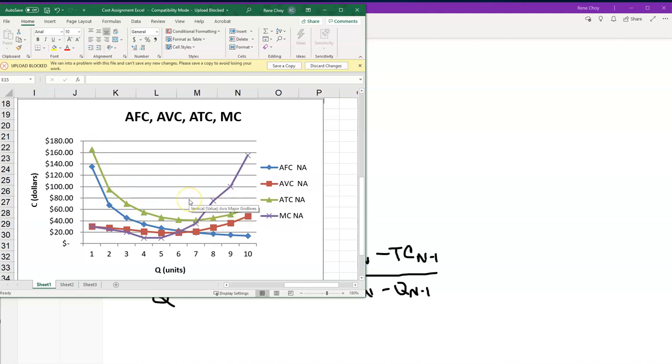Interesting to notice that the average variable cost and the average total cost cross the marginal cost at their lowest point. So they're kind of U-shaped and they cross this line at their lowest point.